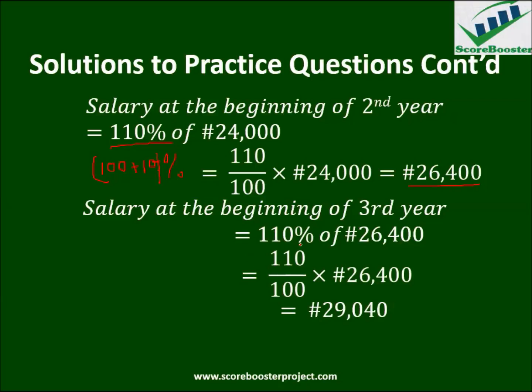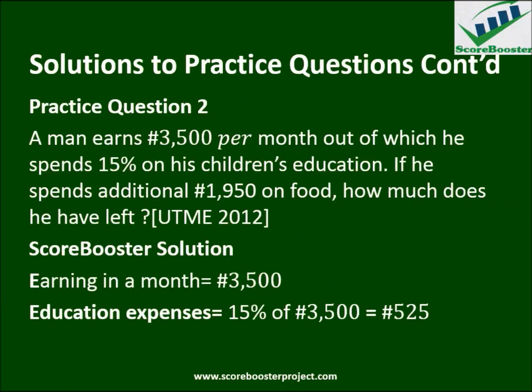So we have 110% of 26,400, which equals 110 over 100 times 26,400, which equals 29,040. So the salary at the beginning of the third year is 29,040.